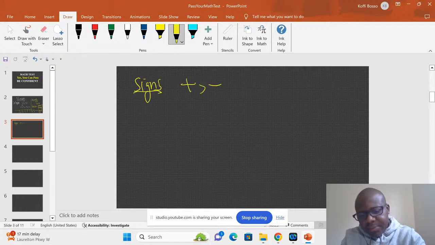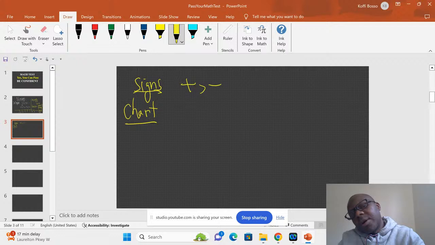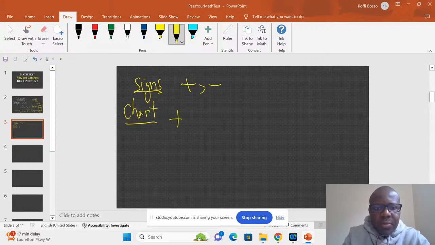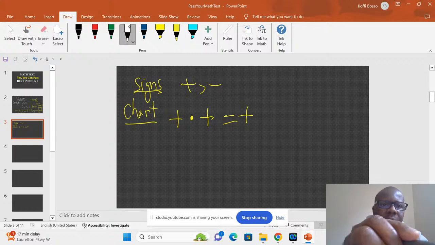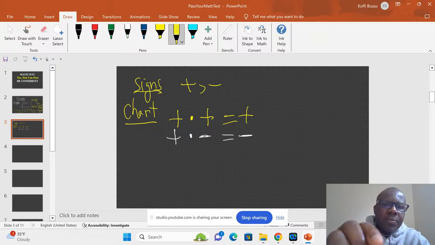I also want you to know the signs in math, like plus and minus. For that, there is a chart, and it's very important to understand. Every time you see positive multiplied by positive, that gives you positive. Positive multiplied by negative gives you negative. Negative multiplied by positive gives you negative.